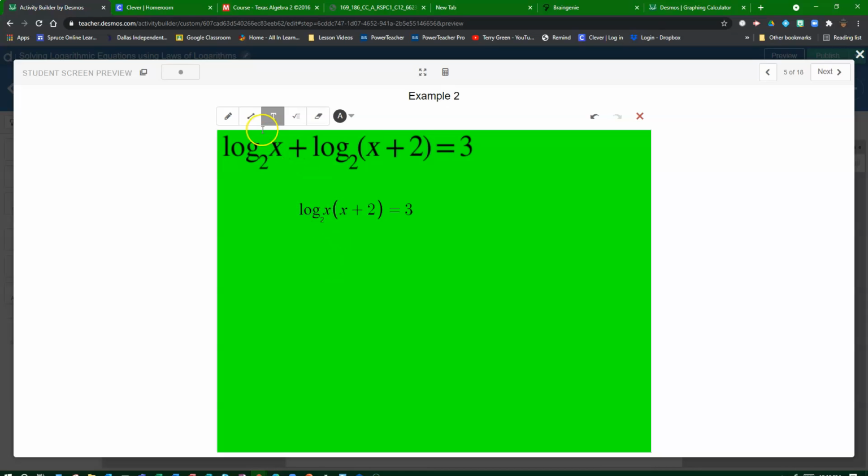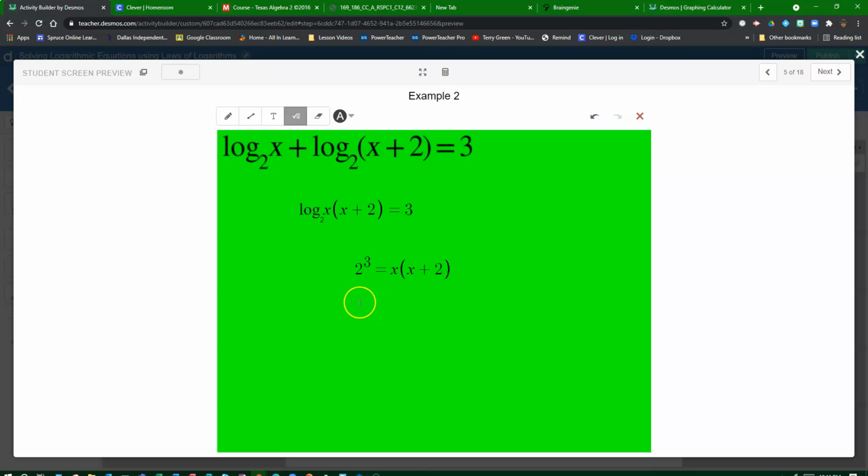So what I'm going to get is 2, that's the base, to the power of 3 is going to be equal to x times x plus 2.